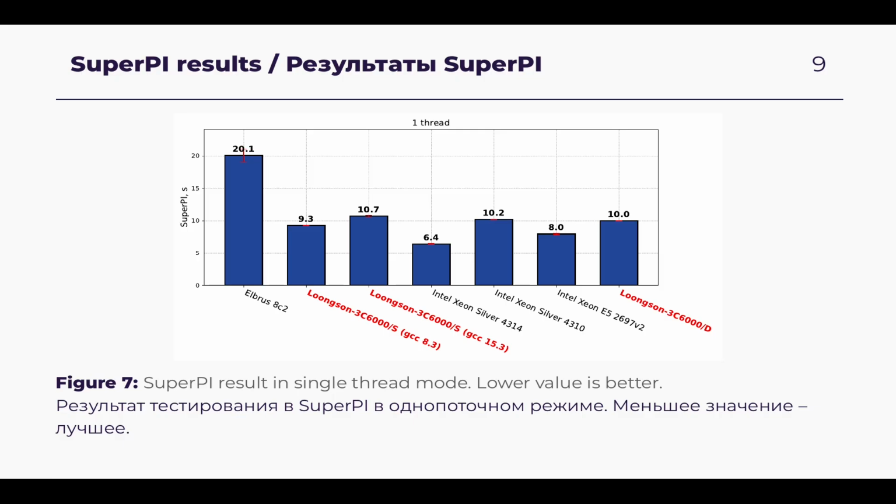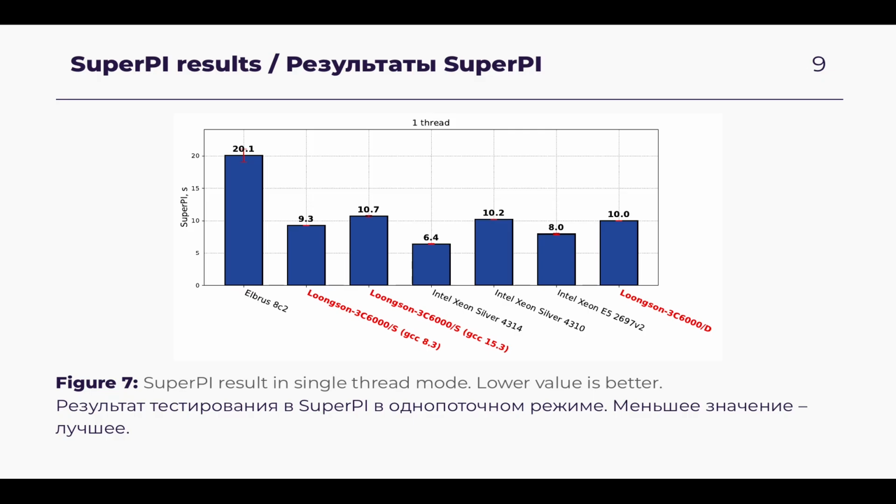The next benchmark is SuperPi, which calculates the number pi. There it is time, so a lower value is better, and the best value as in previous benchmarks is for 4314, and Loongsons are very close to Intel Xeon Silver 4310.